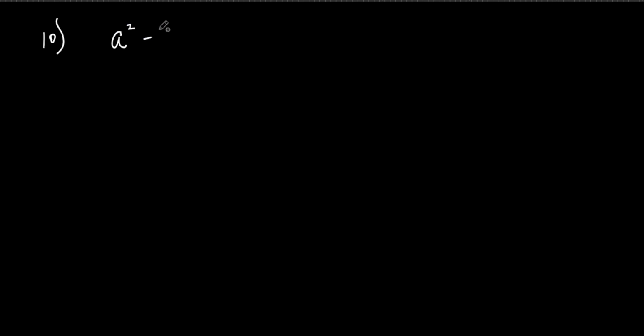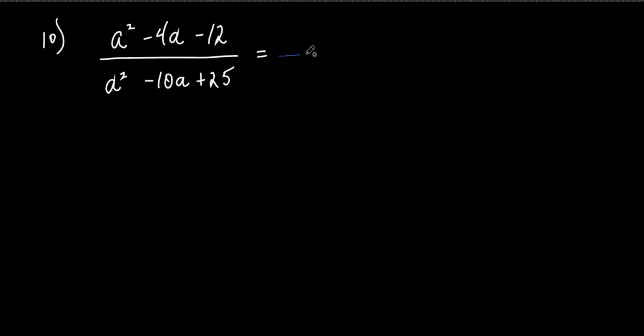So it's a squared minus 4a minus 12 over a squared minus 10a plus 25 equals 6 over a minus 5, and then plus a minus 3, and that's over a minus 5. All right, and we got to solve for a. That looks crazy, doesn't it?